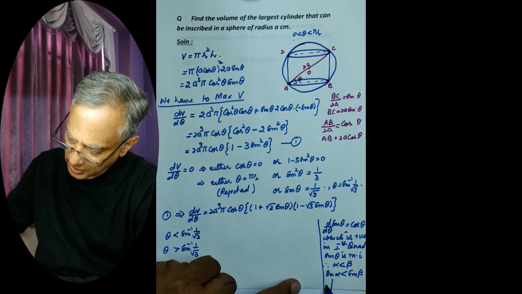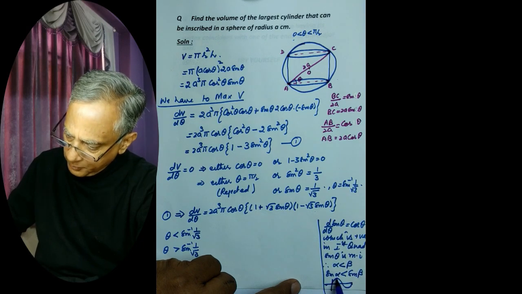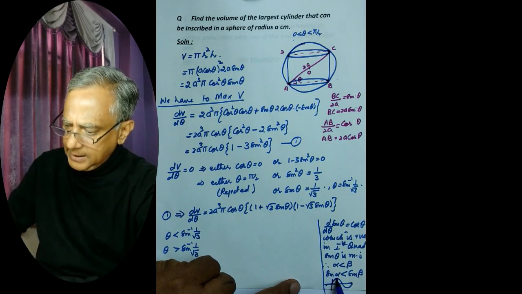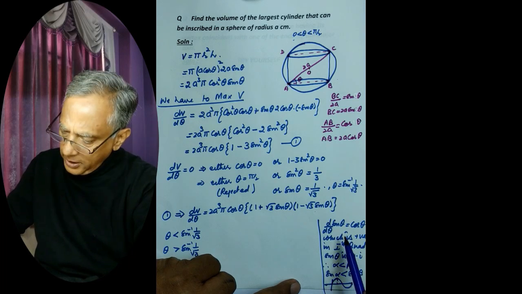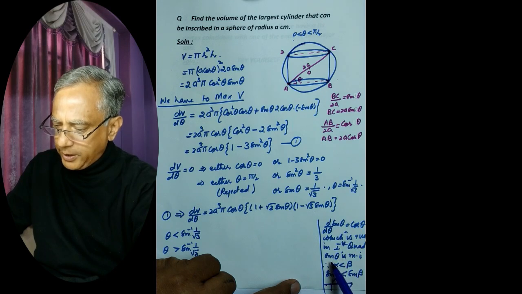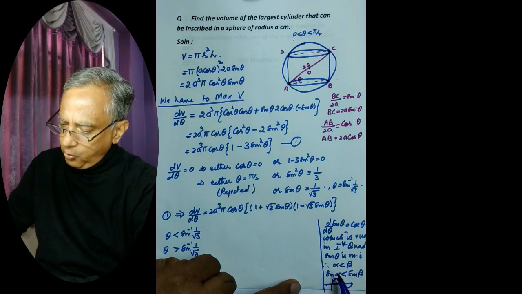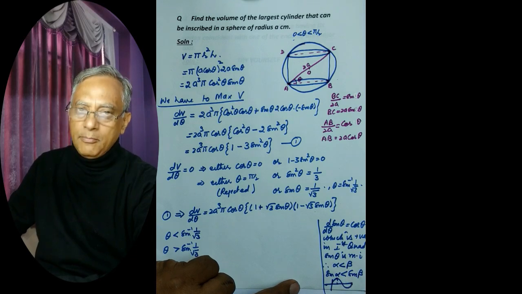You can also consult the graph of the sine function. From 0 to pi by 2, it is rising. Therefore, it is monotonically increasing. Or you can find the first derivative, and since the first derivative is positive, it is monotonically increasing. And therefore, alpha less than beta will mean sine alpha is less than sine beta.